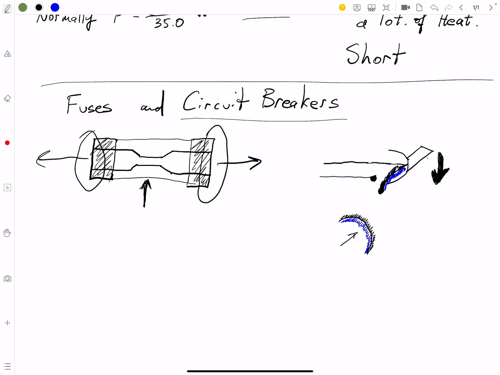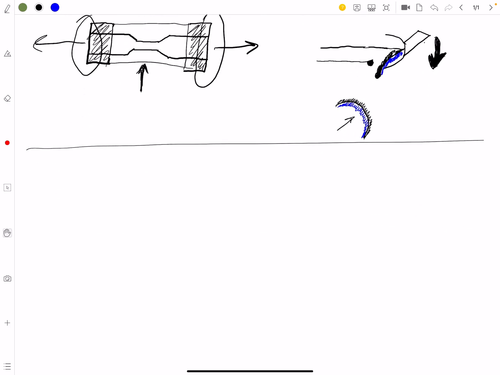Okay. Let's do that. We've got case 1. All right, so here we've got some appliance. First, I just want to write P equals I squared R. All right, I want to get that off my chest.